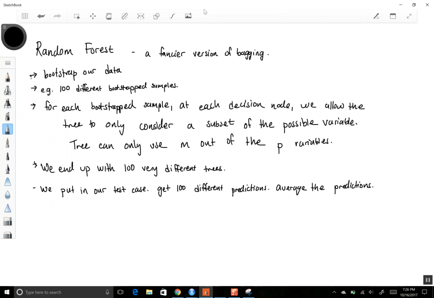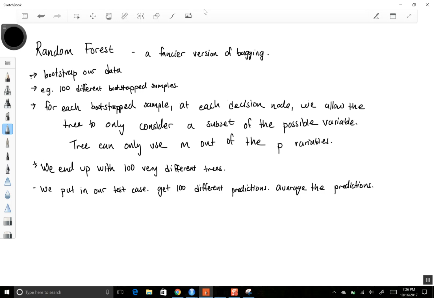Okay, so how is this different from bagging, and why is this better than bagging? Earlier we were talking about this scenario where one tree split based on state, and another tree split on age, and another tree split on race. A lot of times when you do bagging, it's very rare that that kind of variation in trees appears.